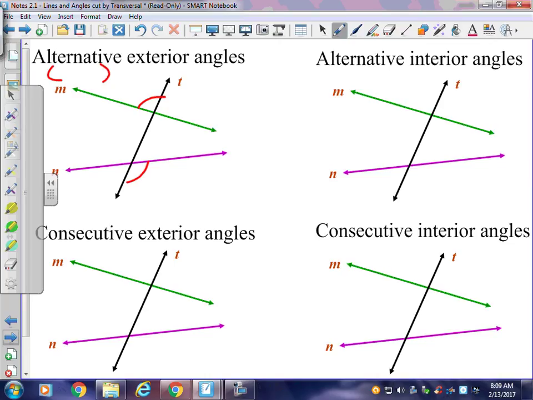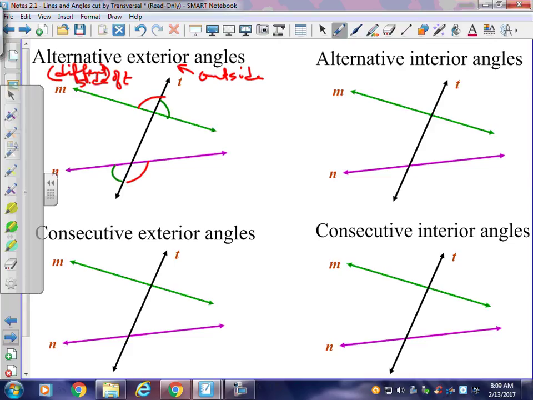This means on different sides of T, and this means outside. There's also another pair of these alternate exterior angles. There will be one here on the top left that goes with this bottom right position, because they are outside but they're alternating.